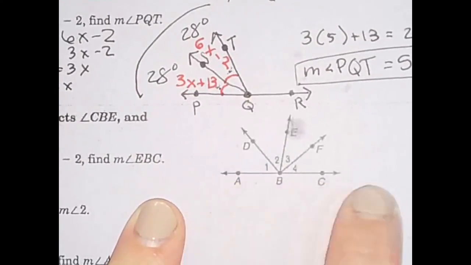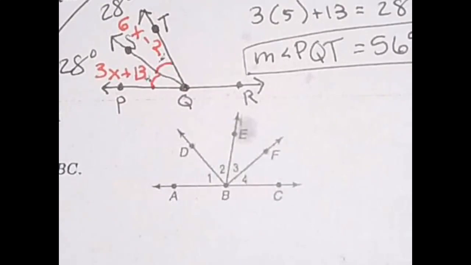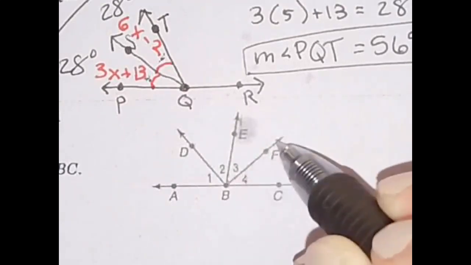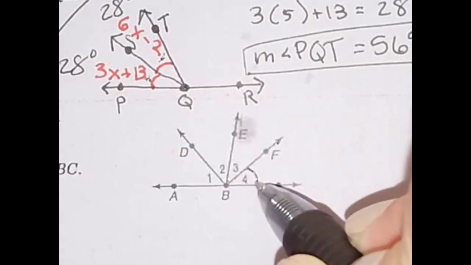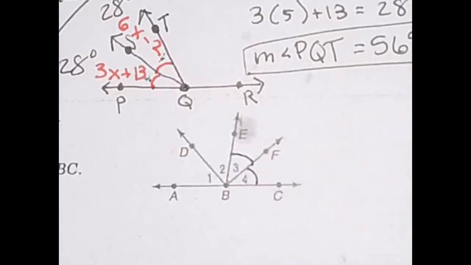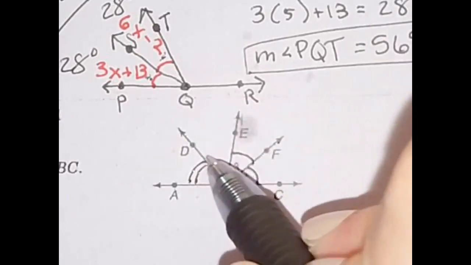BF bisects angle CBE. That means angle 3 and angle 4 are congruent. BD bisects ABE. That means angle 1 and angle 2 are congruent. I'm giving them each 2 marks, and then the other one's 1 mark each. I can't give them all 1 mark, because I have to show that they're different still.